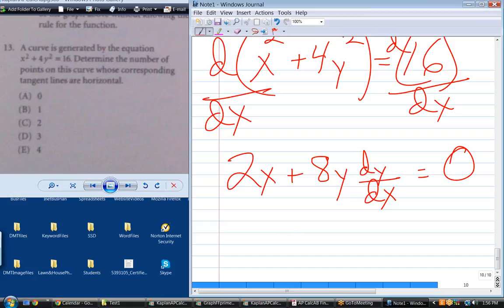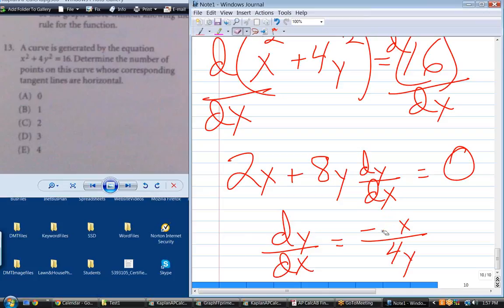So what's dy dx equal to? Negative 2x divided by 8y. What's the only thing that makes that equal to 0?